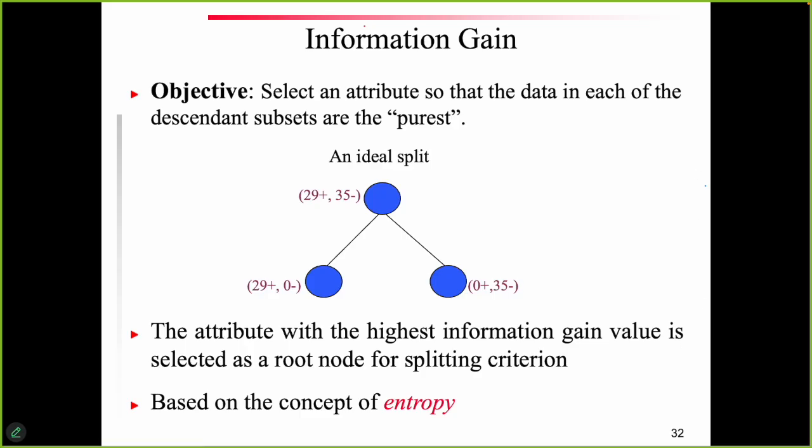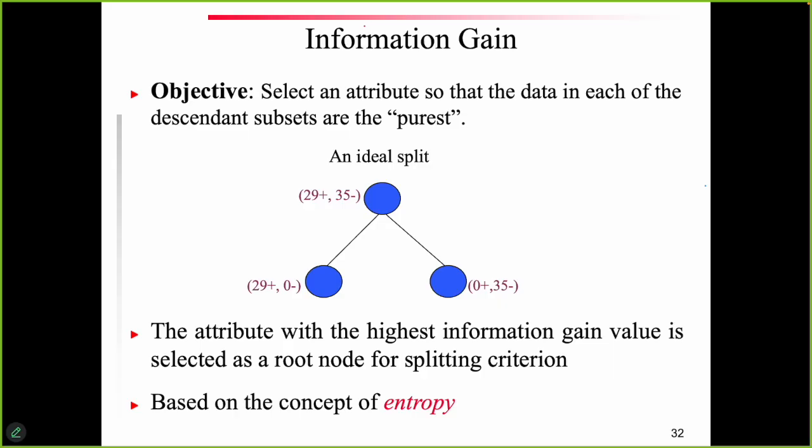In general, we have to calculate information gain for all attributes, for all input features. For example, if your input features are outlook, wind, temperature, and humidity, you have to calculate information gain for all 4 features, and whichever has the highest information gain is the best attribute to choose as your root node.